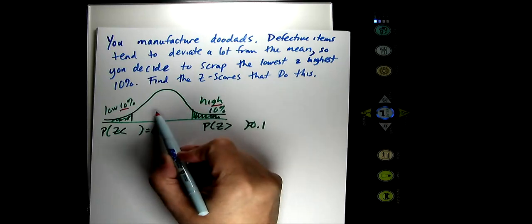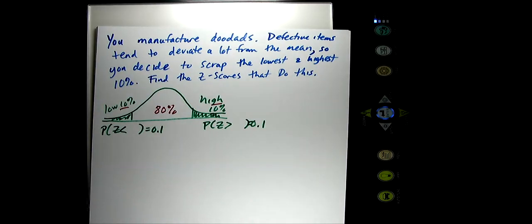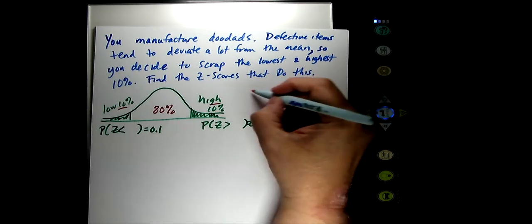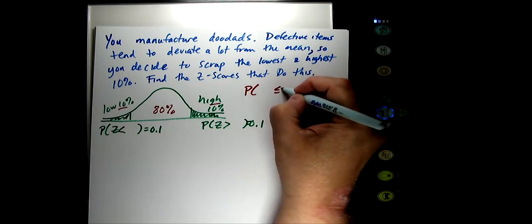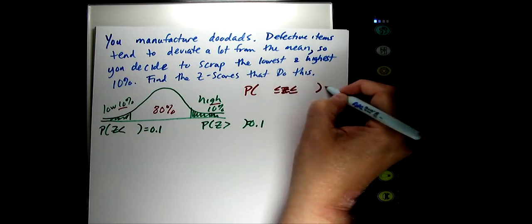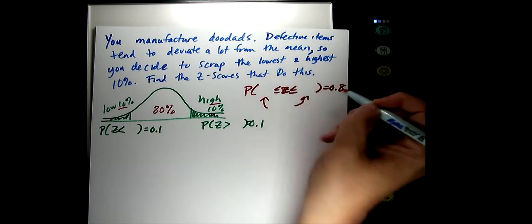How much percent's got to be in the middle? 80. 10 and 10 is 20%. 100% minus 20% is 80%. We could do the between thing and do less than or equal to Z less than or equal to, and put 0.8, and it should fill in both of them simultaneously.